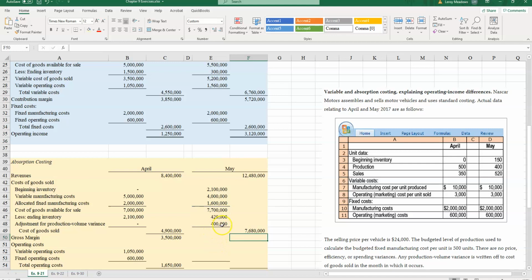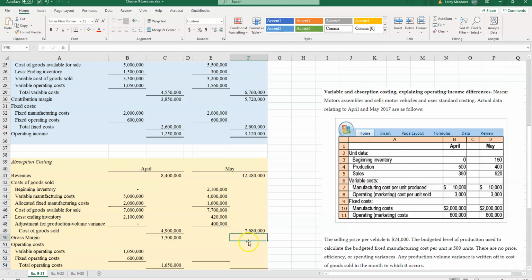Because it's unfavorable, I add it in, not subtract it. So it's cost of goods available for sale minus ending inventory, either plus an unfavorable production volume variance or minus a favorable one. In this case, it's unfavorable, so I add it in. That gives me a cost of goods sold of $7,680,000.